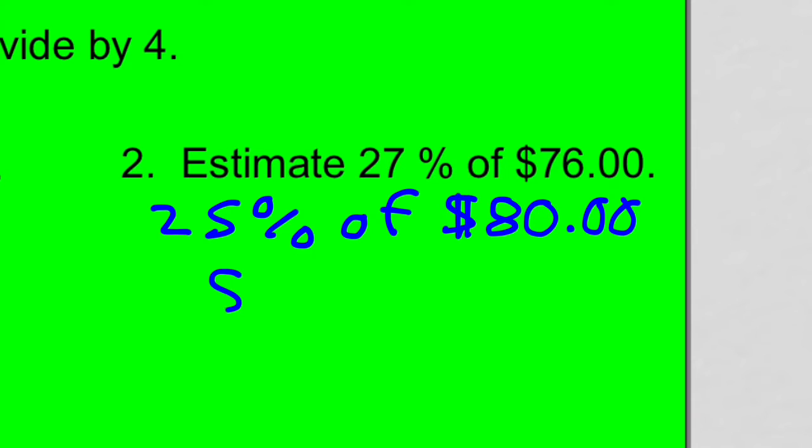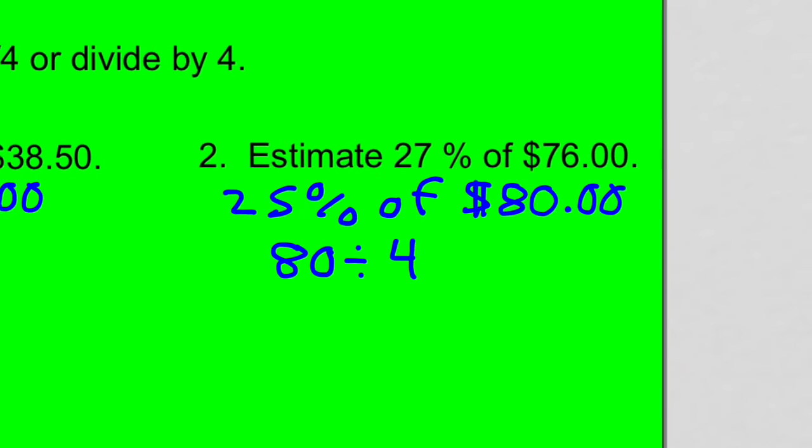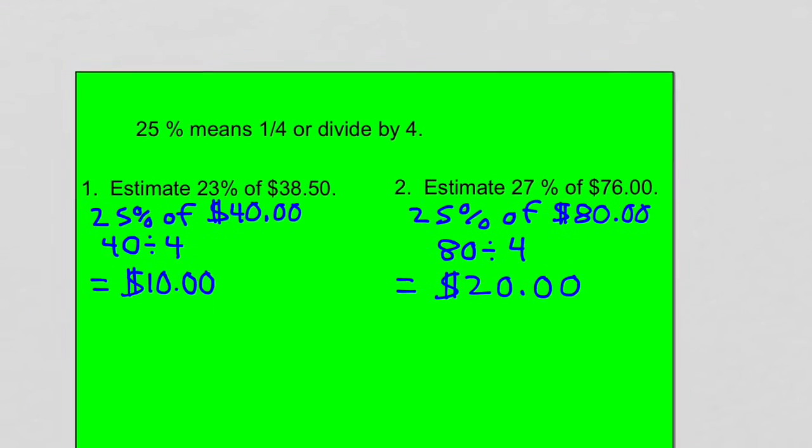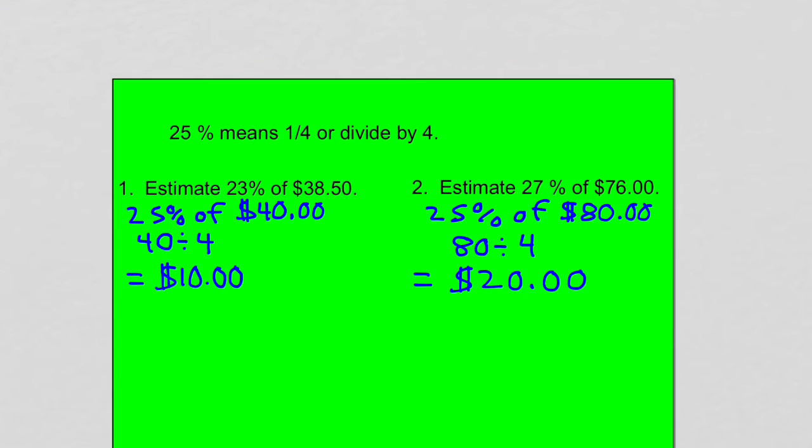And then of course I would want the kids to show what that means. Always demonstrating their thinking. It's not just about getting an answer. And then 80 divided by 4 is 20. You can see a lot of this work again is knowing your facts, right? So there's 25%. But of course that only works if you have percentages that are close to 25%.